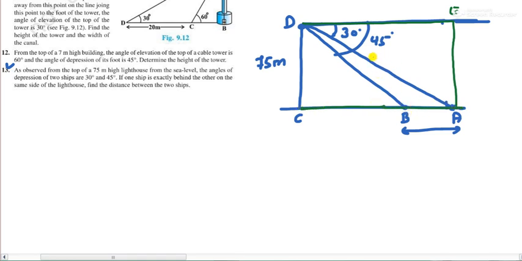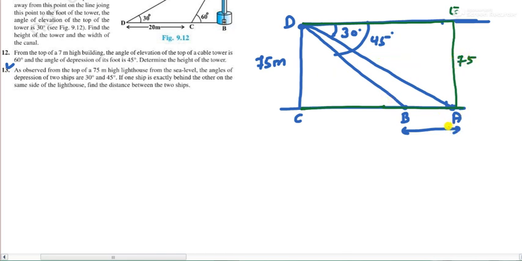Why? They form a rectangle, since both of these are parallel to each other, correct. They are horizontal levels, and this is height, and even this will be height. Why? Because they are between these parallel lines, so even this will be 75, okay.